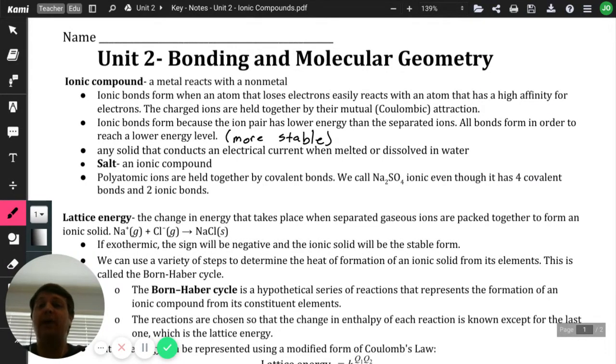Another thing to note is that polyatomic ions are held together by covalent bonds. But as a part of that covalent bond that forms, they have a charge, and so we call them an ion. Now, when those ions bond with another atom or another polyatomic ion, we form an ionic bond between them.